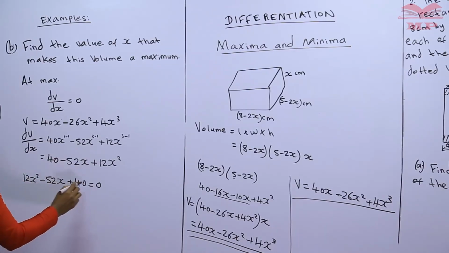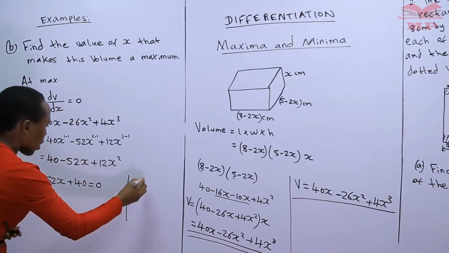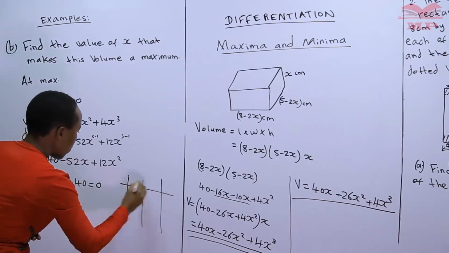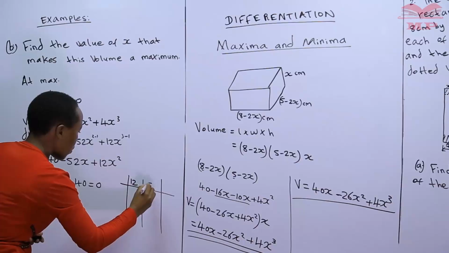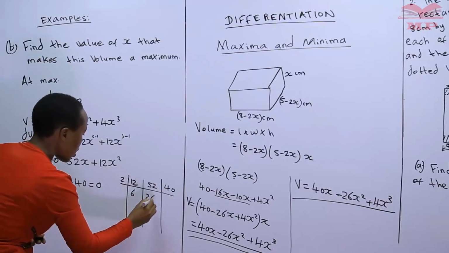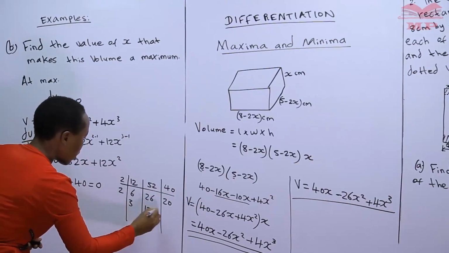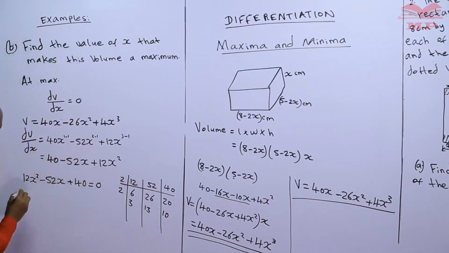We have a common factor here, 12, 52, and 40. For 12, 52, 40, we have 2, 6, 26, 20, and again 2, 3, 13, and 10. So the common factor is 4.